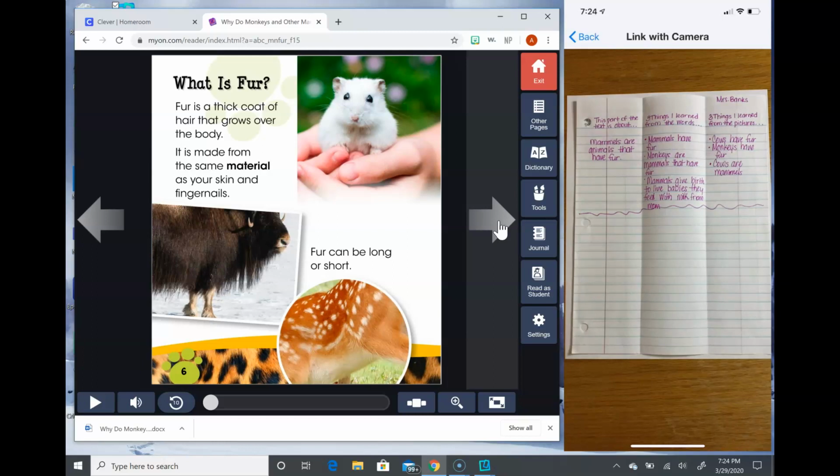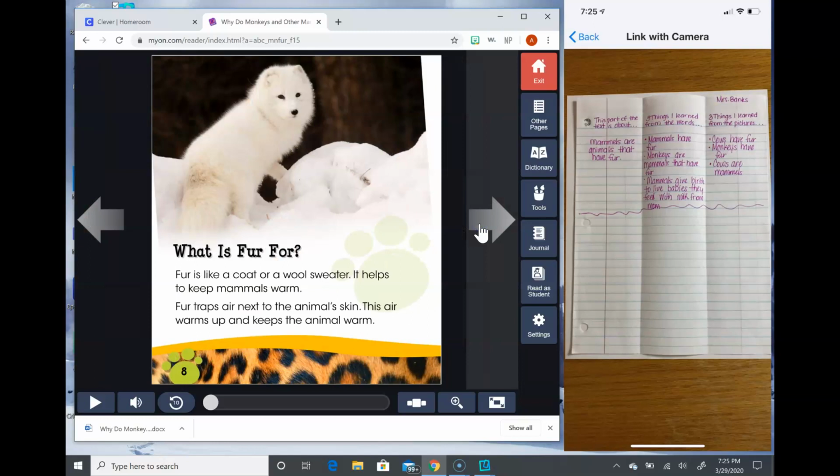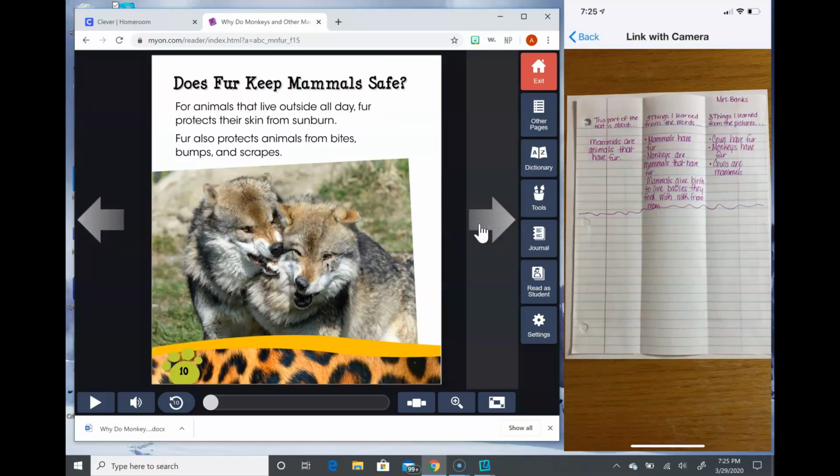All right? Boys and girls, you are going to finish this section for Monday, and you'll do the rest of the book. So there is what is fur, and you'll go ahead and read till page 7. And then the next day, you'll do what is fur for on page 8, 9, and then on page 10, you'll start the next day. Does fur keep mammals safe?